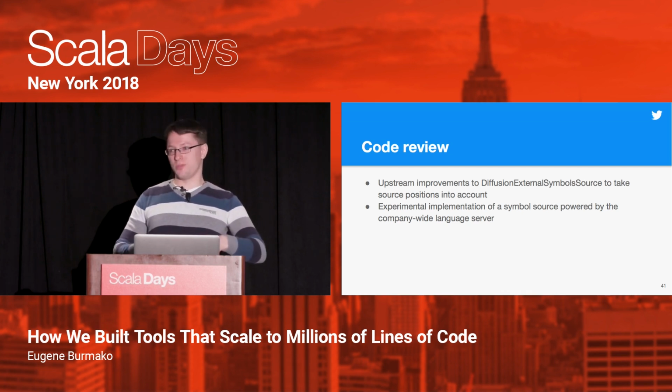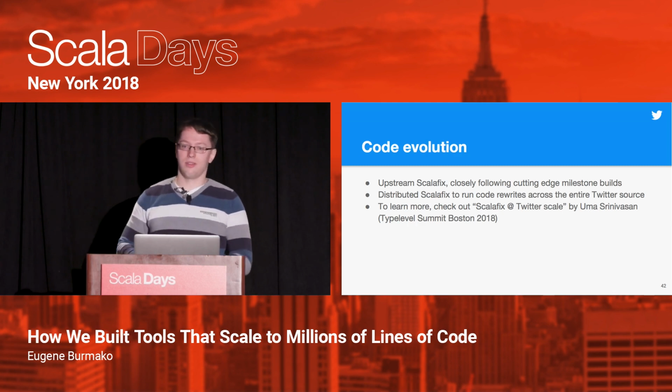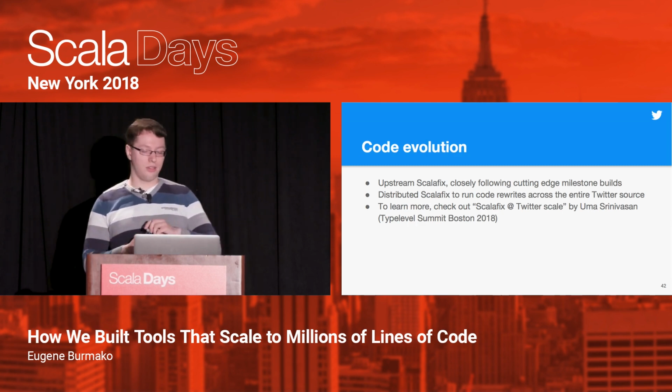And now that we have source positions and file names, we can just go to our LSP server and ask it for information about symbols. As a result, in code reviews, if something has been indexed by our index and exposed via the language server, we can just use hyperlinks to navigate there.